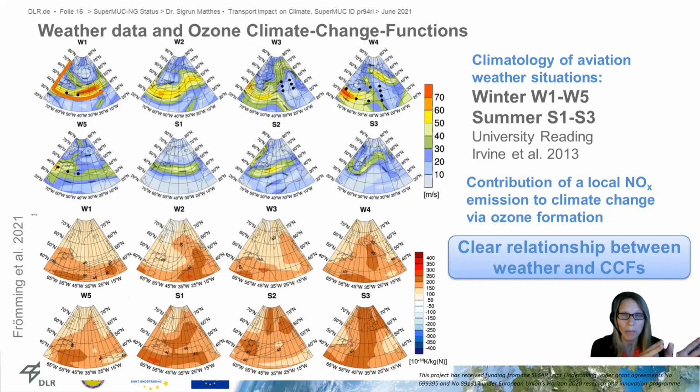What is shown here on the top is the weather data and the ozone correlated effects. So here is shown the zones where you have the high wind speeds and where you have the geopotential.